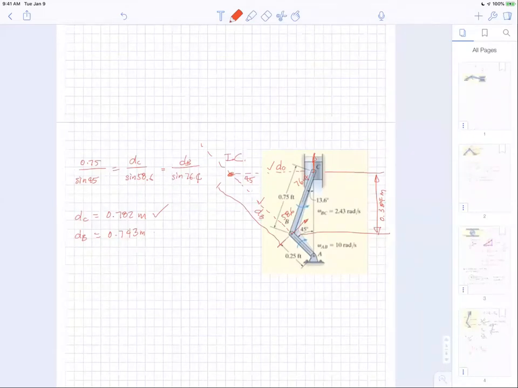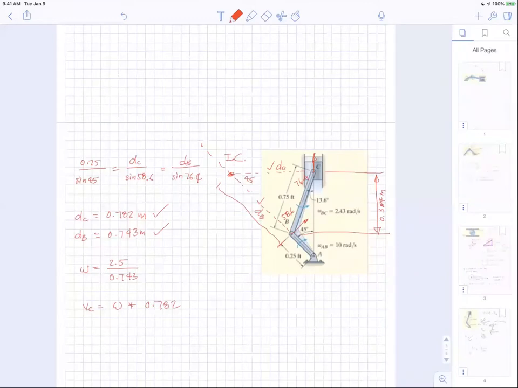And 0.743, correct. Okay, and then all that's left is that omega equals the velocity of B, which we said was 2.5, divided by the distance to B, which is 0.743. And once we got that, we can get the velocity of C is omega times the distance to C. But again, something's not right with this.